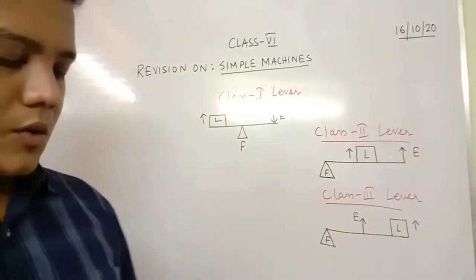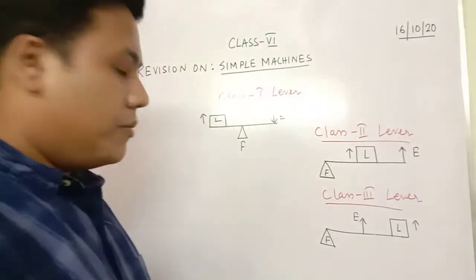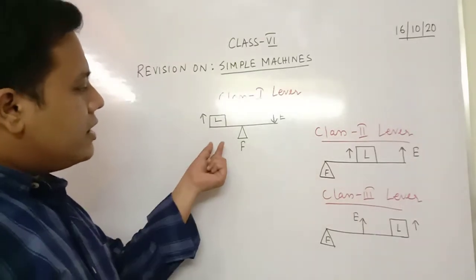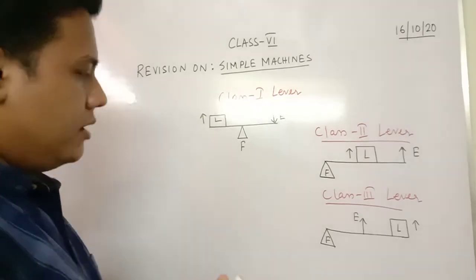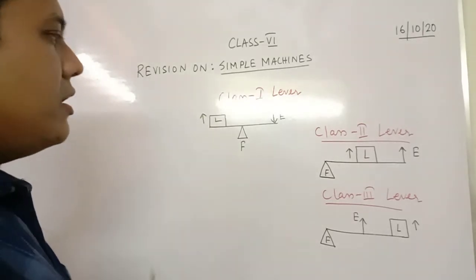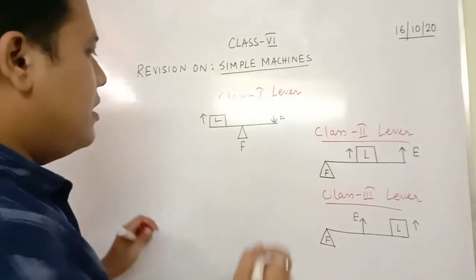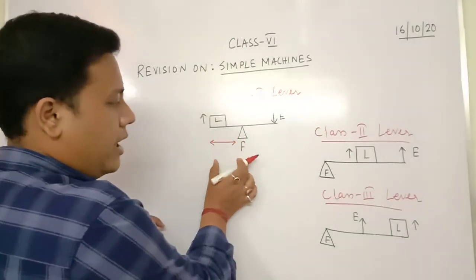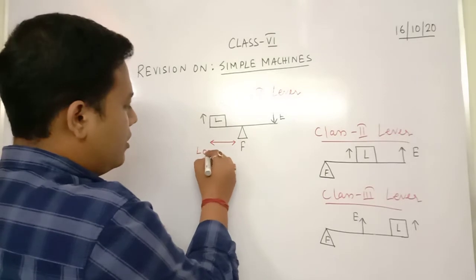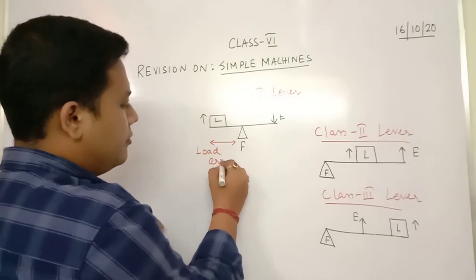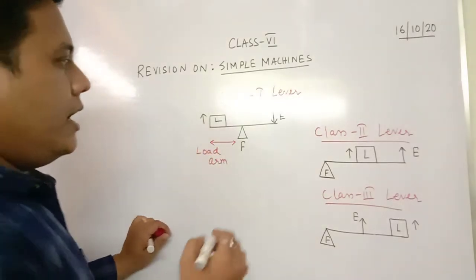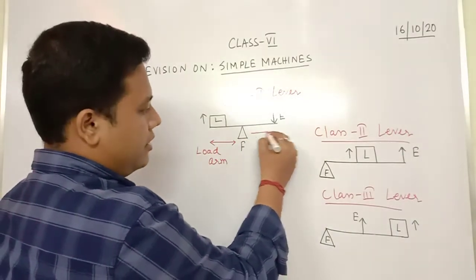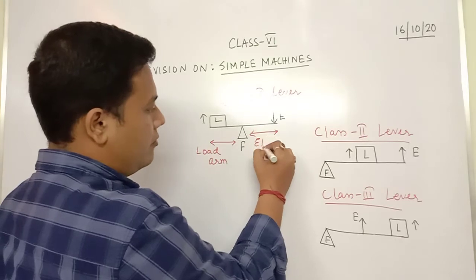Before going to that, I want to tell you another thing: for any of the levers, the distance between the fulcrum and the load is called the load arm, and the distance between the fulcrum and the effort is called the effort arm.